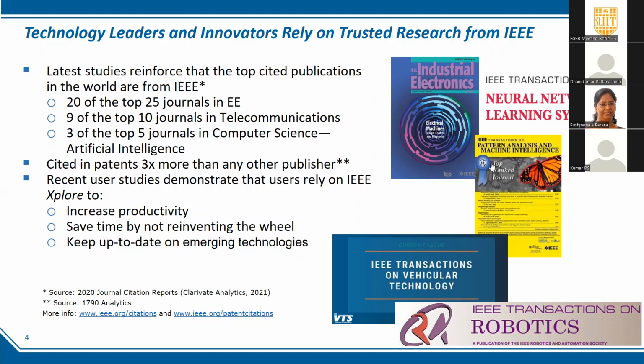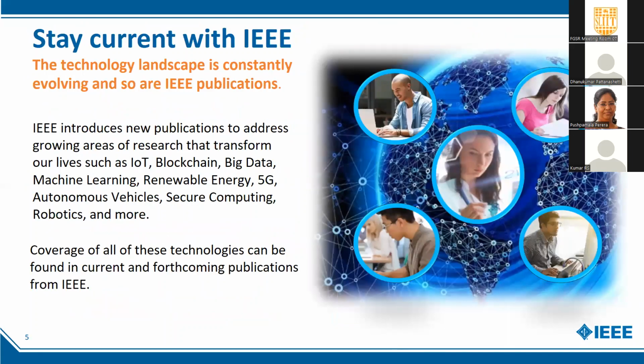We are also cited heavily by patenting organizations. We are actually cited 3 times more than any other publisher. Also, every year we introduce new publications. People were talking about IoT 6-7 years ago, and we have a new IoT journal. People are talking about big data.